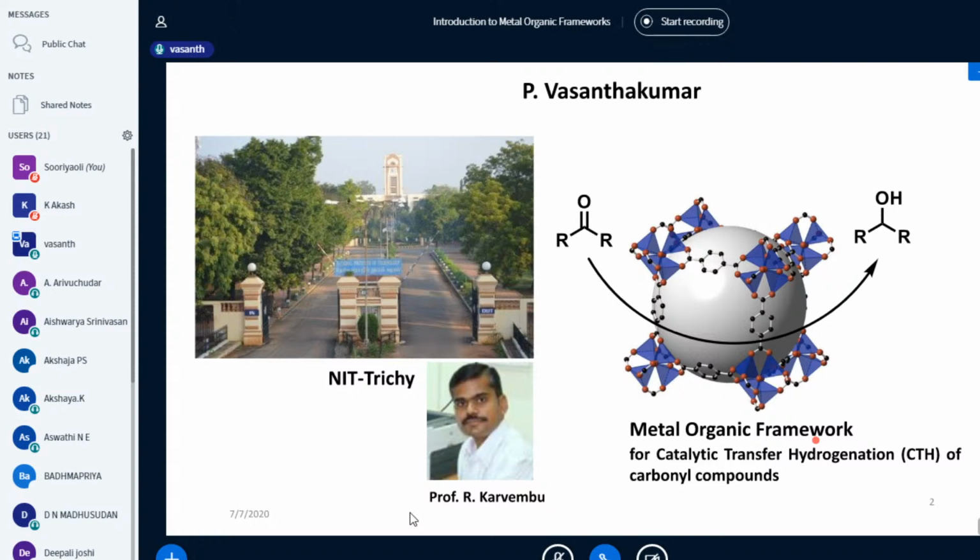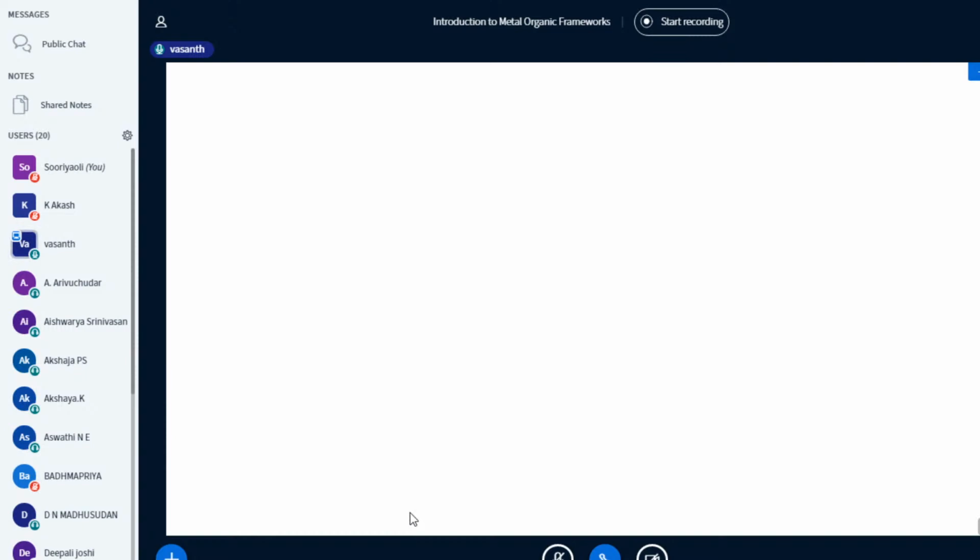I use metal organic frameworks for some important chemical conversions, and I thought I should introduce you all to them, because I found it to be a promising material for the future.